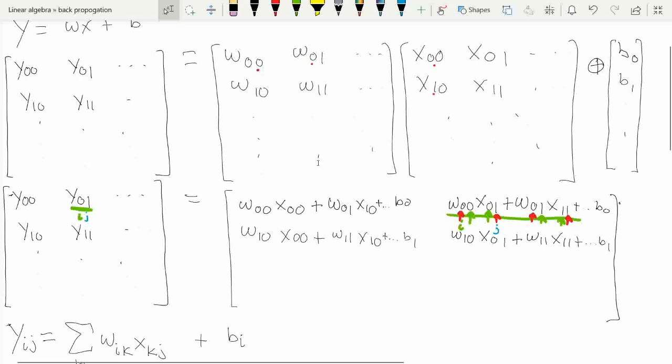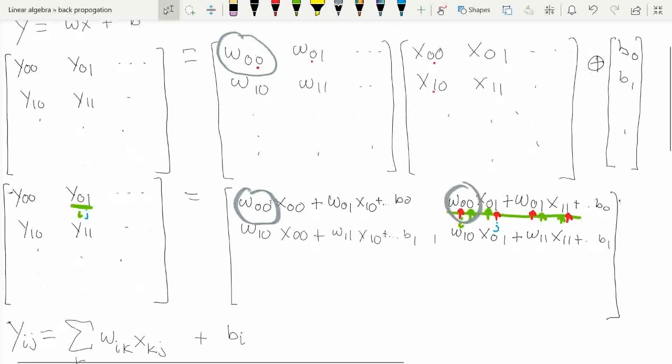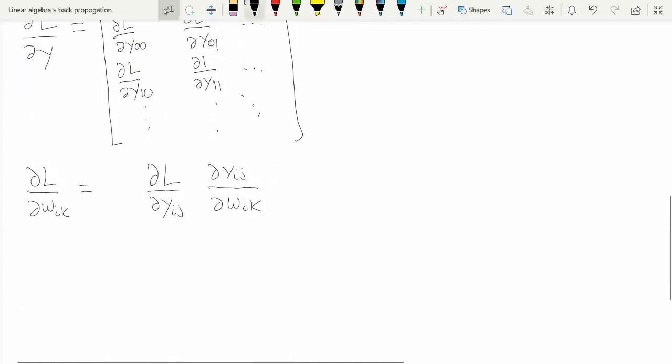Let's say now w 0 0, starting off in one dimension, but it's going to be more than one dimension, so we're going to have to use the multivariate chain rule and sum over the j's. As you can see, it's summing over the second axis.